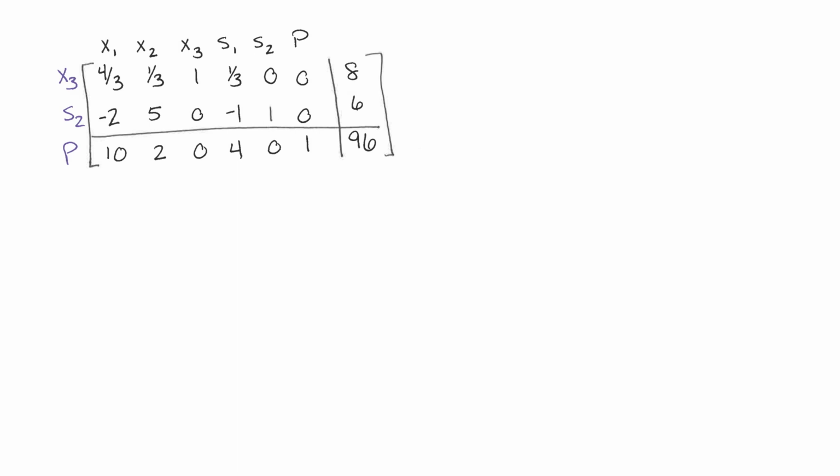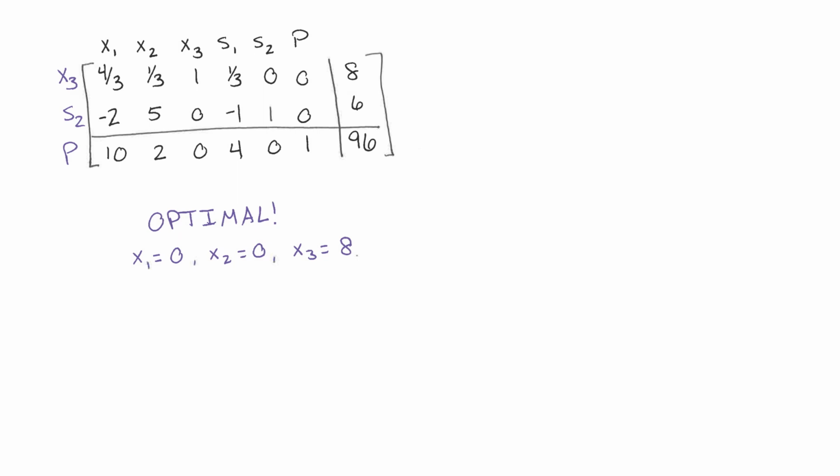So now, is this tableau optimal? Are we finished? To determine that, we look on the bottom row to the left of the P column, and we notice that we have no negative elements. So there is no pivot column, and that makes this tableau optimal. So let's read out what this says. Since x1 is non-basic, its value is 0. x2 is also non-basic, so its value is 0. x3 is 8.